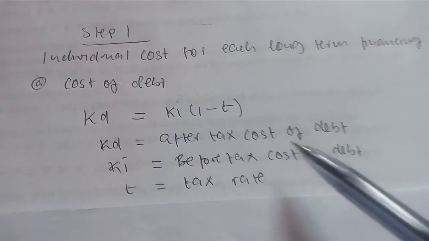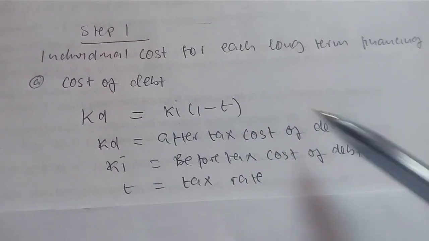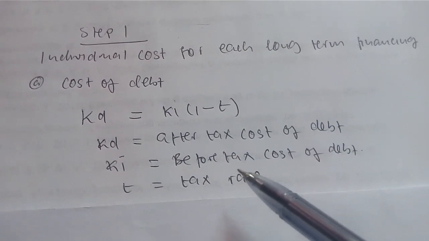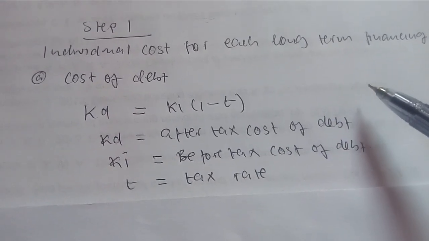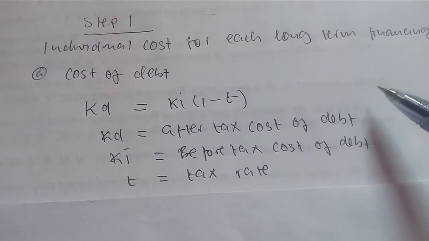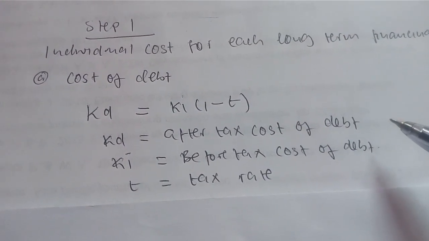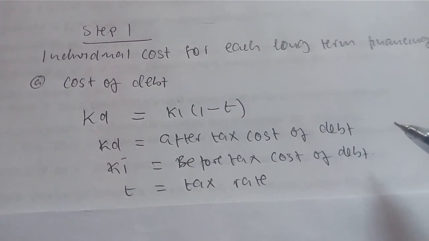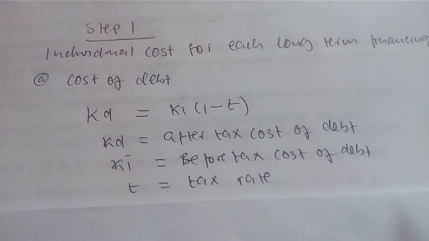The tax rate varies depending on the country and the nature of the company. For example, companies that are listed on the Lusaka Stock Exchange, in our case, have a tax rate of 33%, and those that are not listed are charged at 35%.